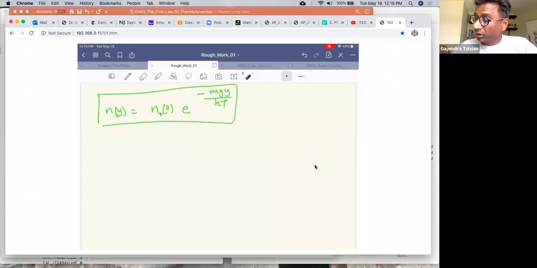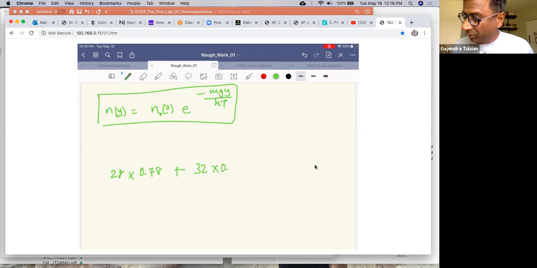By the way, let's look at this expression, and you can put in the numbers. Here is the weight for one molecule, of course. The air is nitrogen and oxygen, so you can take a weighted average. Nitrogen has 28 atomic units weight, and it's 78% nitrogen, plus oxygen at 32, 0.21.